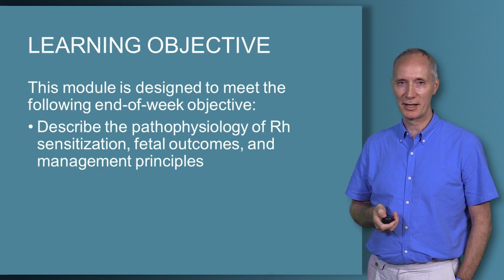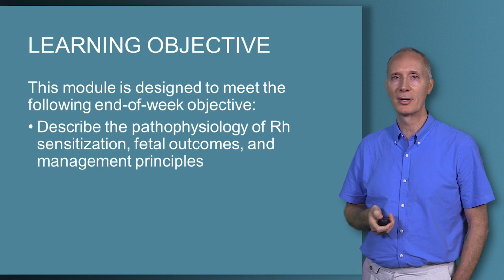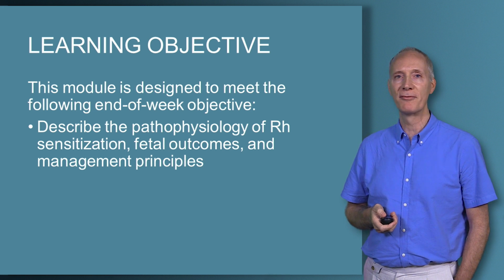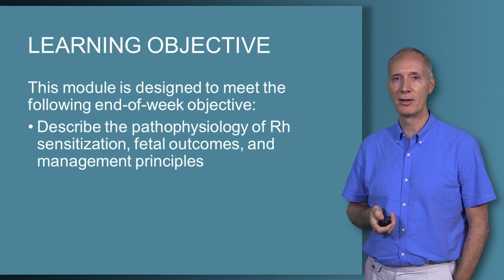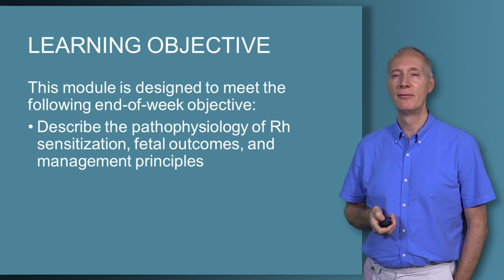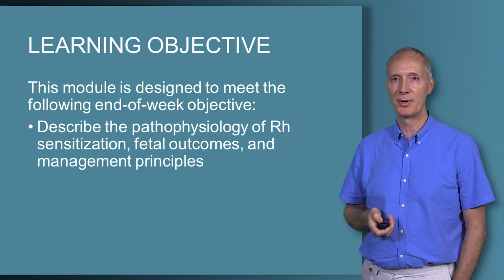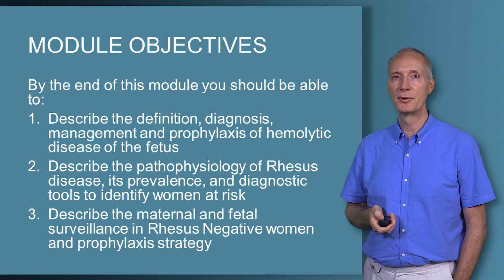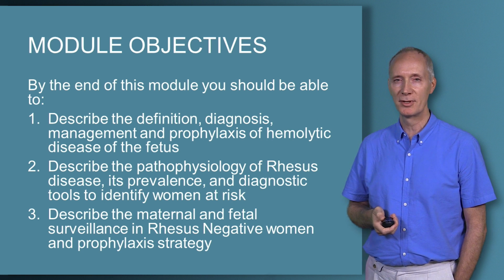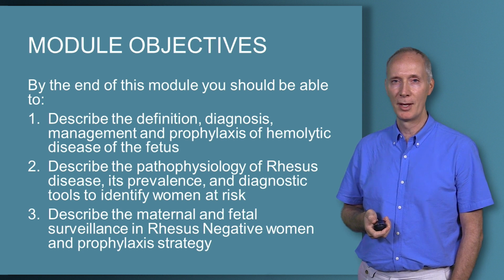The learning objective of this talk is designed to meet the following end-of-week objective. Describe the pathophysiology of rhesus sensitization, fetal outcomes, and management principles. By the end of this module, you should be able to describe the definition, diagnosis, management, and prophylaxis of hemolytic disease of the fetus.